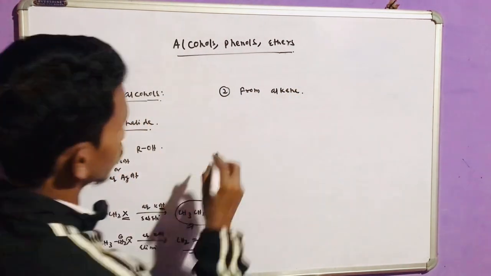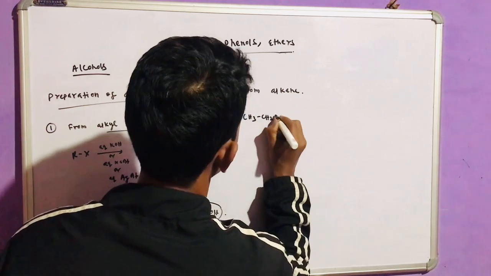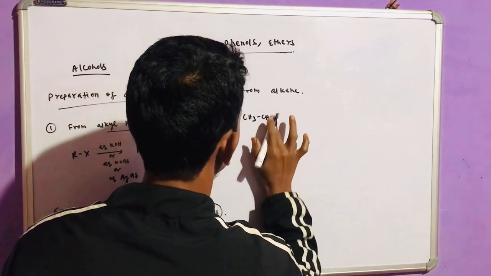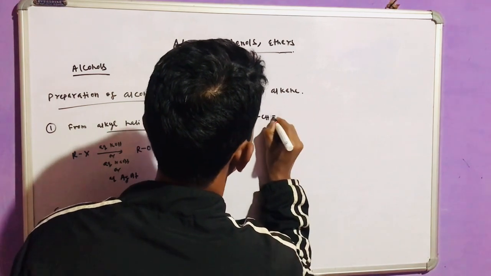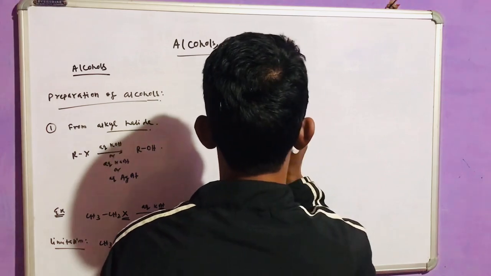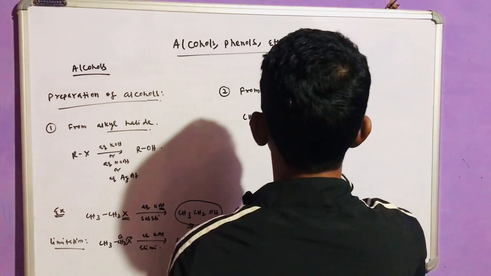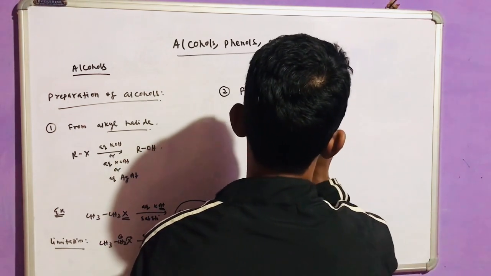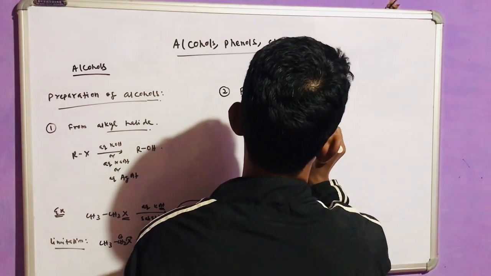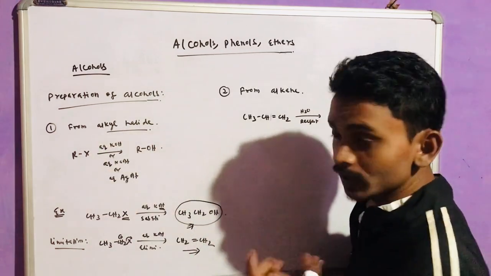Alkene, how? Like if we have CH3CH2 double bond CH2, and if you give water, because water is not so reactive, we have to give some reagents.